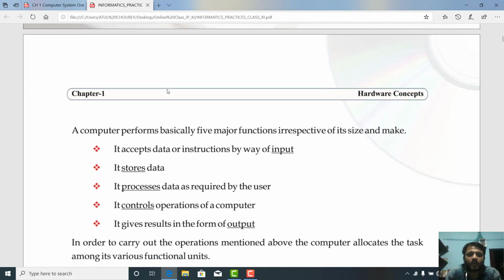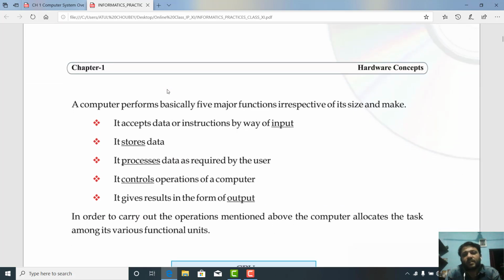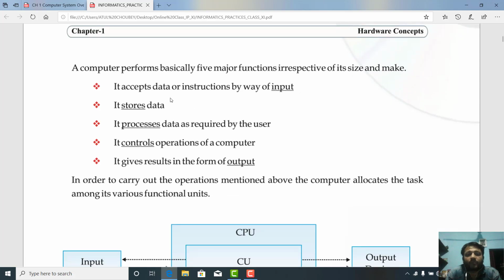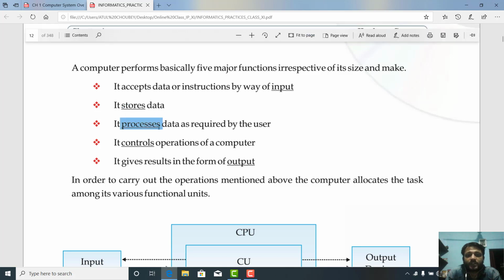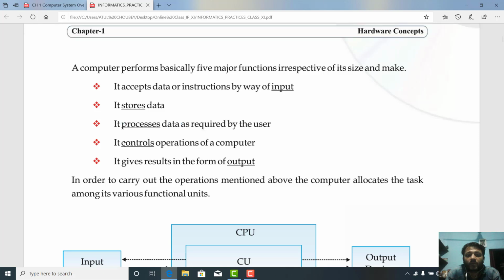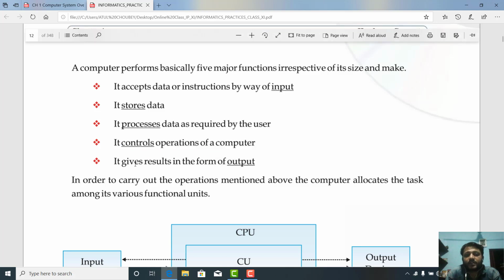Now our computer basically performs 5 major functions. These functions are input, stores data, process data, control operation of a computer, and it gives result in the form of output.